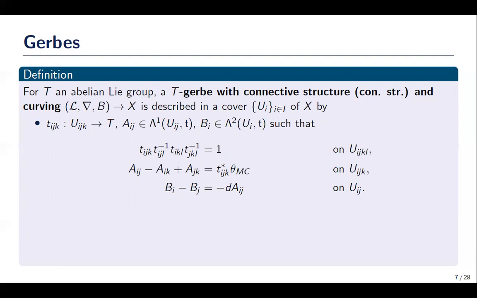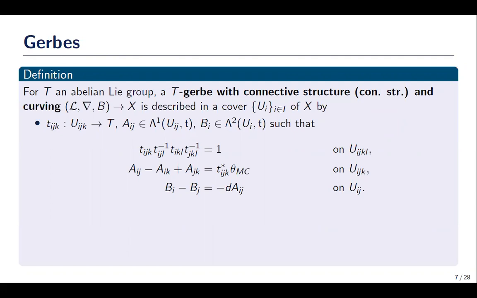But my point of view, and I'm sorry for this, is going to be slightly different from what he said in the second part of his presentation. For me, the object that has to be thought of as a bundle is the gerbe with connective structure. And the curving is a connection on it, which makes sense because of the kind of stuff that Severin was talking about.